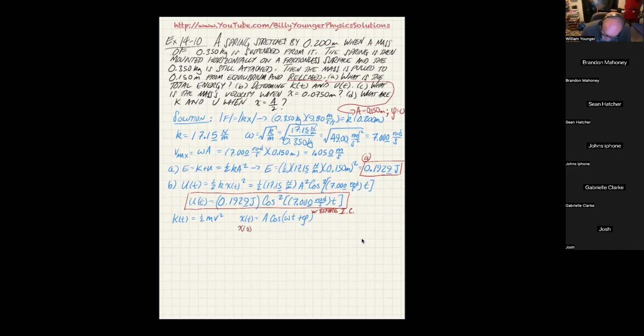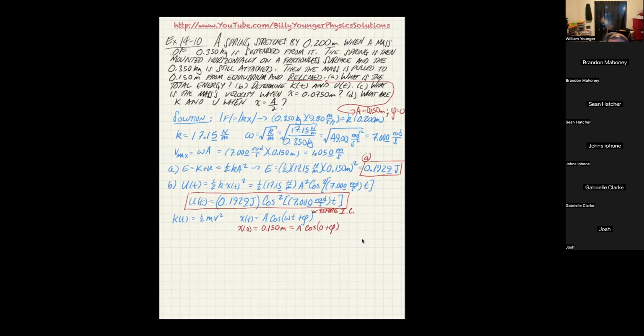Okay. So what we're going to do is you see x of 0 is equal to 0.150 meters is equal to a times cosine of 0 plus phi. That doesn't necessarily allow us to determine phi, but if phi was 0, that would certainly be acceptable.